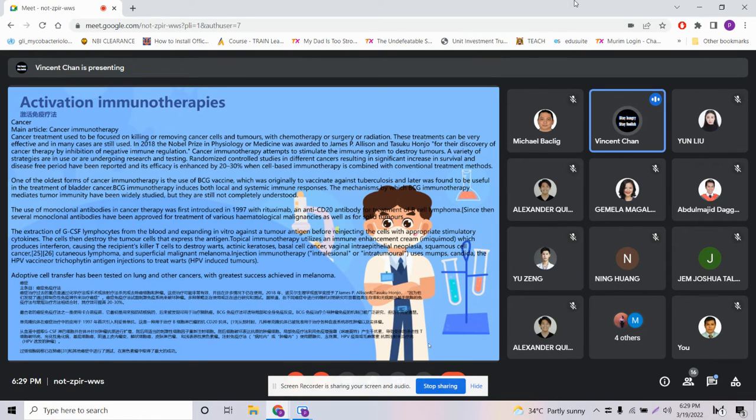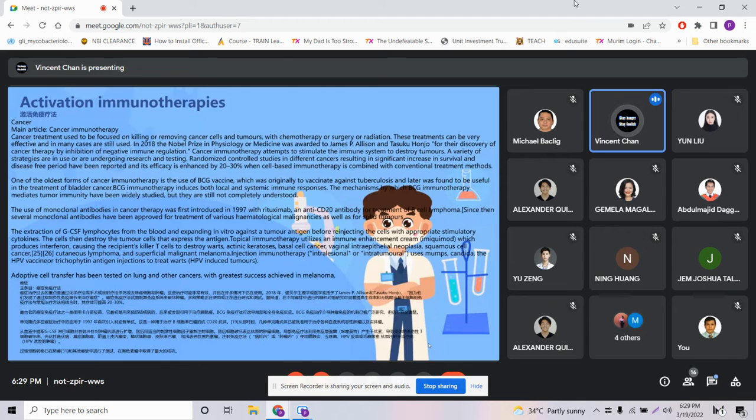BCG immunotherapy induces both local and systemic immune responses. Some mechanisms by which BCG immunotherapy mediates tumor immunity have been widely studied, but they are still not completely understood.